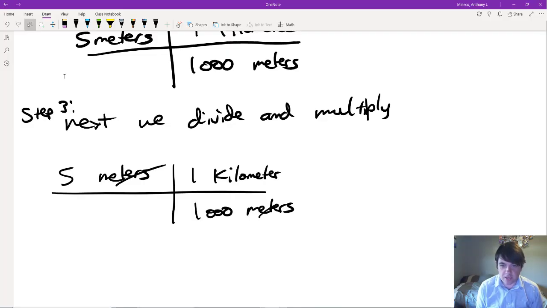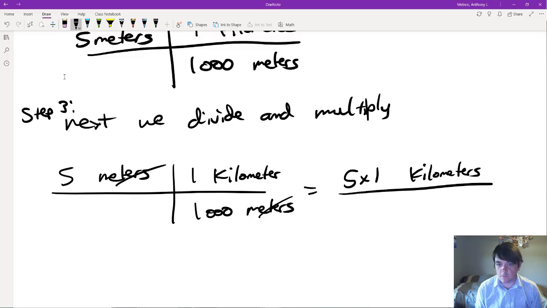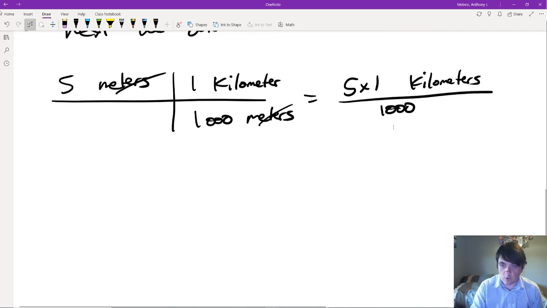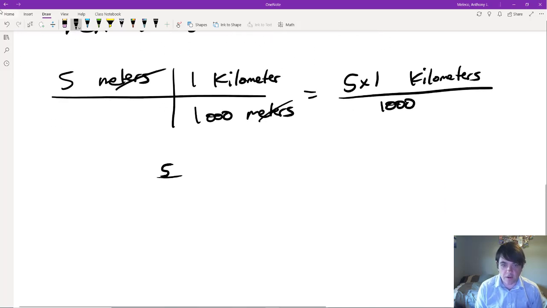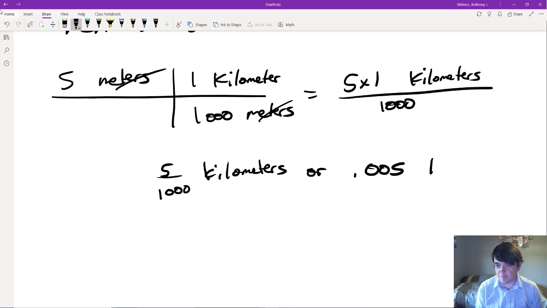The meter cancels. Meters over meters is just 1. It's unitless. And then this equals 5 times 1 kilometer over 1,000. So this yields 5 over 1,000 kilometers, or 0.005 kilometers with the prefix.